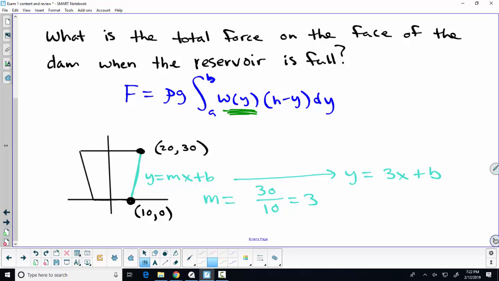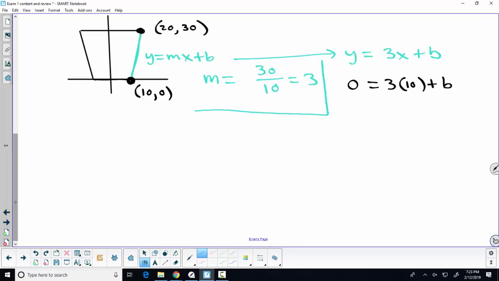Say, let's say x is 10, y is 0. X is 10, y is 0. We can solve for b, the y-intercept. If 30 is equal to b, negative 30 is b.